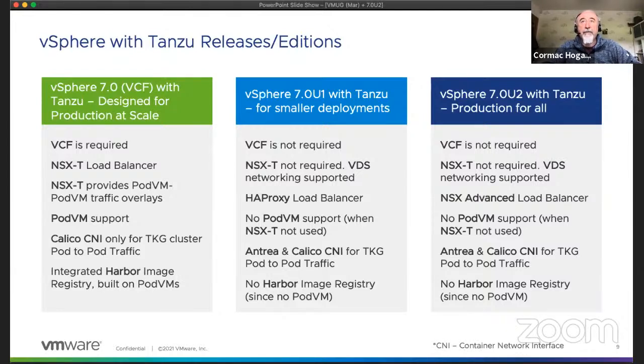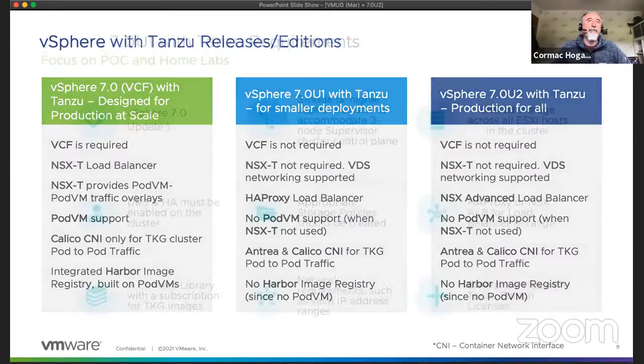So again, with 7.0 U2, you have a choice of load balancers. You could still use the HA proxy, you can use the new NSX Advanced Load Balancer, or actually you can still use NSX-T if you wish. But the point is, if you don't use NSX-T, you don't get the pod VMs and you don't get the Harbor image registry.